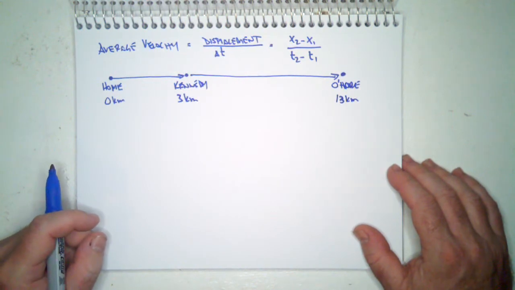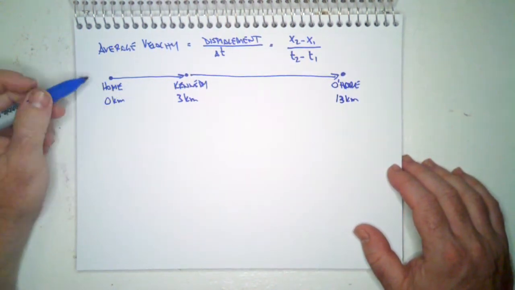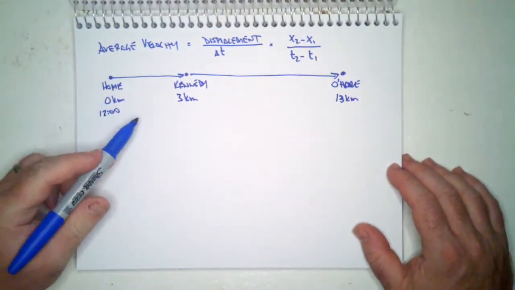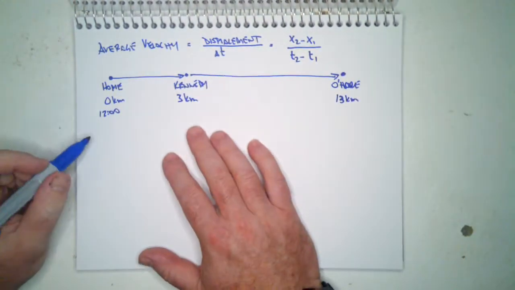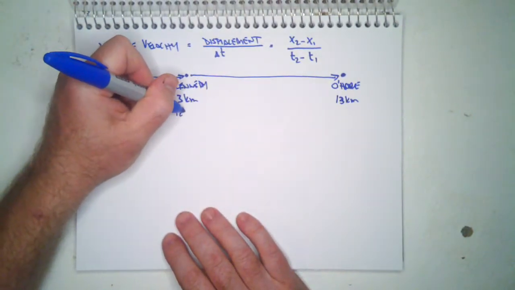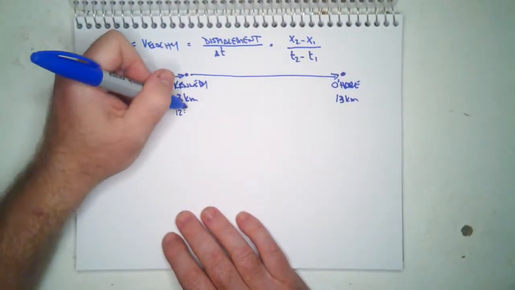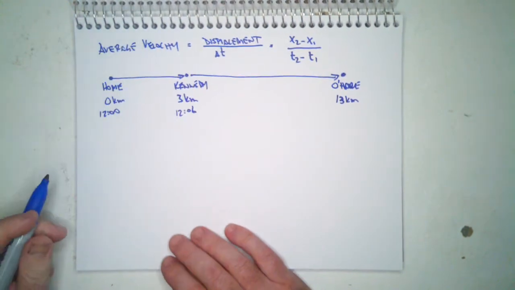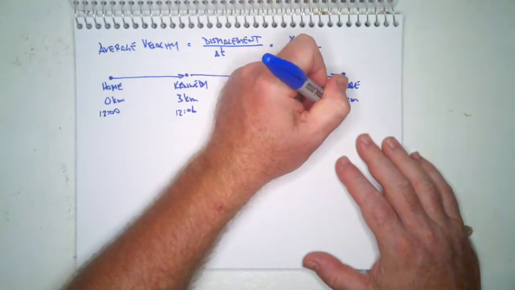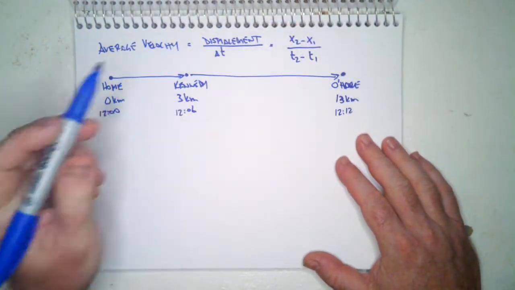So, let's say you leave home at 12 o'clock. And you get to the Kennedy at 12:05. Or let's make it 12:06. And then you finally get to O'Hare at 12:12.